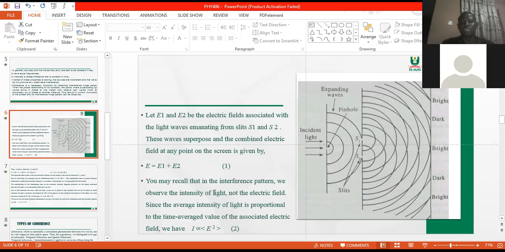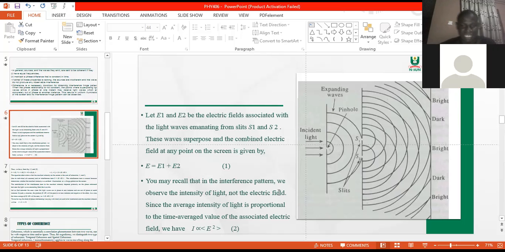You may recall that in the interference pattern, we observe the intensity of light, not the electric field. So there is a relationship between the electric field and the intensity of light.